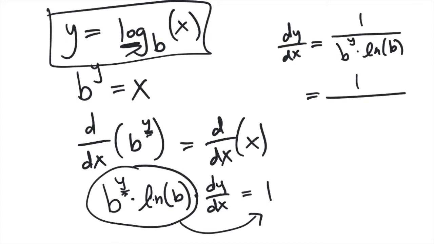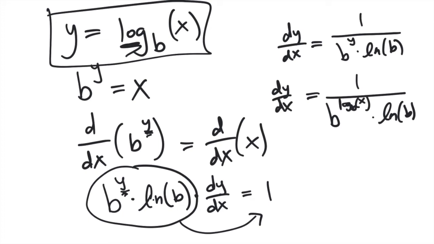So 1 over, let's see, b to the y is b raised to the power of log base b of x times the natural log of b. Okay, so this is what dy dx is. Now, again, I hope you remember your log rules from past classes because those are going to show up.